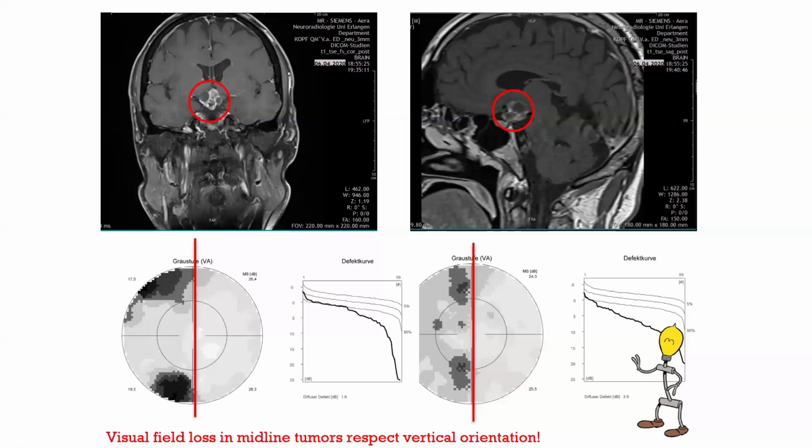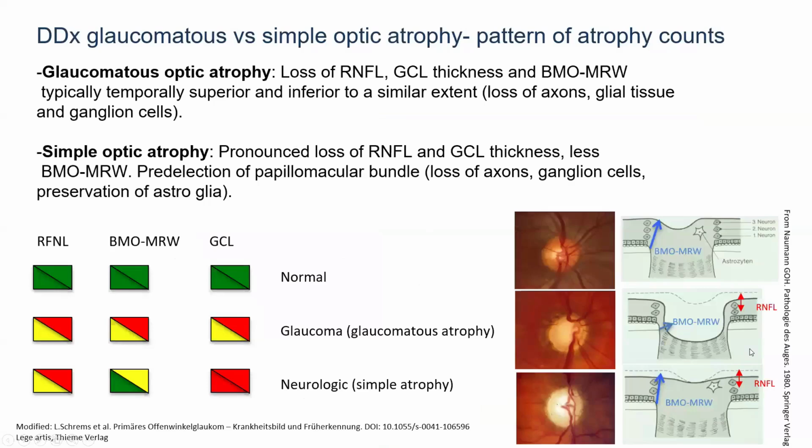Hypophysis would be the first to think of, but also other tumors, and in this case it was a craniopharyngioma. And of course the neurosurgeons had to deal with the patient.